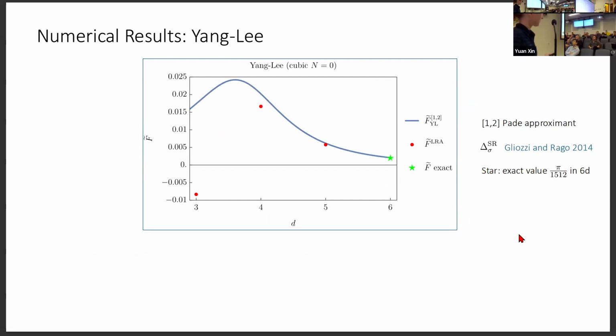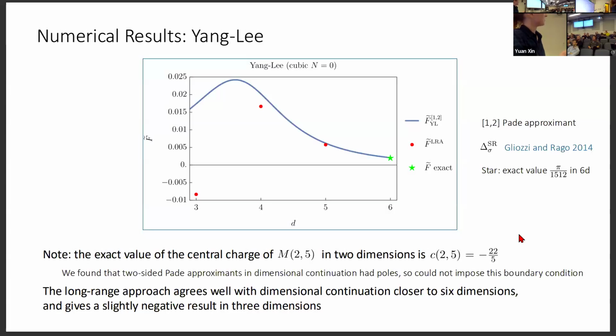So here we start from the exact value in 6 dimensions, and we're plotting the 1-2 Pade approximant for the dimensional continuation in blue. The long range approach here uses the values of dimensions from this bootstrap results. And so one comment is that the exact value in 2 dimensions is this negative 22 over 5. So it's going to be getting very negative as we go to 2 dimensions.